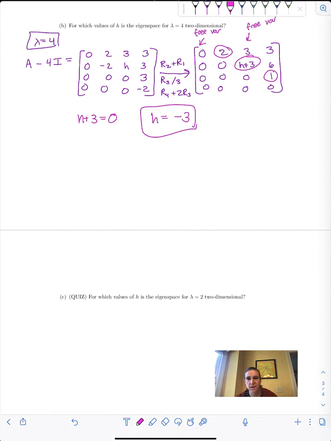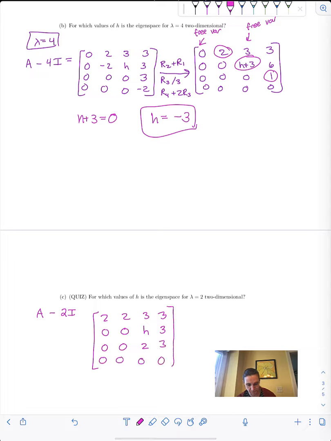So for your quiz, you need to do the same type of thing, but this time you take A minus 2 times the identity. So you'll end up getting a 2, 2, 3, 3, 0, 0, h, 3, and 0, 0, 2, 3, and 0, 0, 0, 0.